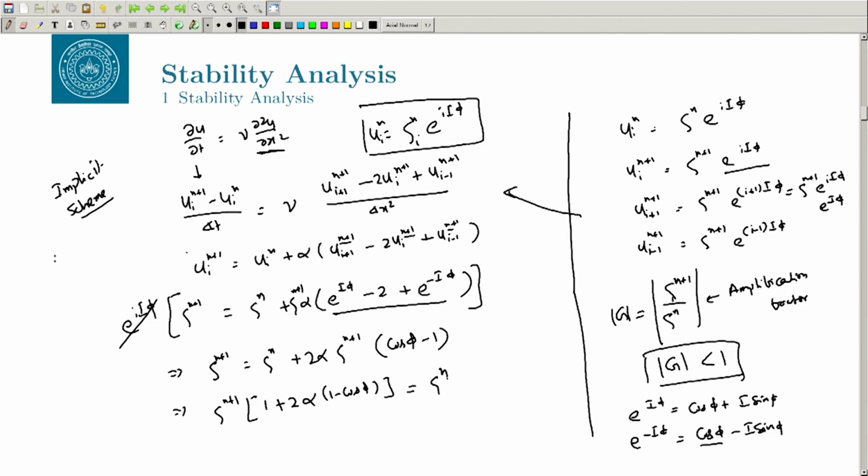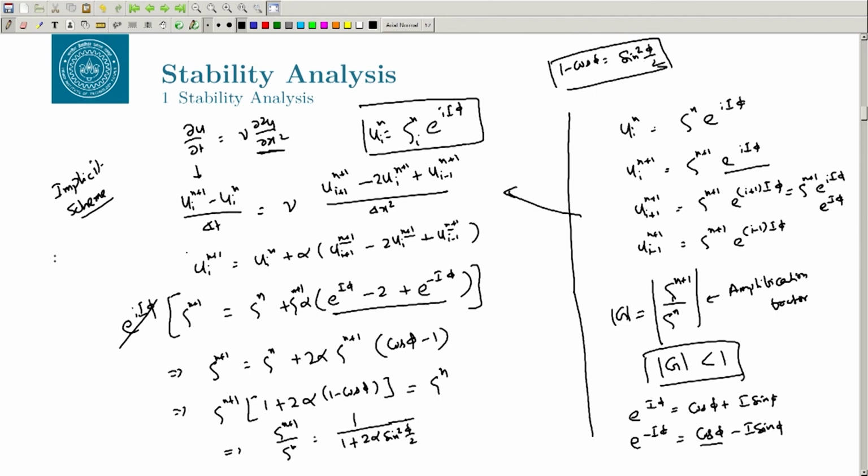And we have discussed this, 1 minus cos phi will be sine square phi by 2. Yeah, this is the basic trigonometric equation, right. So, you can write this zeta to the power n plus 1 by zeta to the power n will be 1 by 1 plus 2 alpha sine square phi by 2, right.